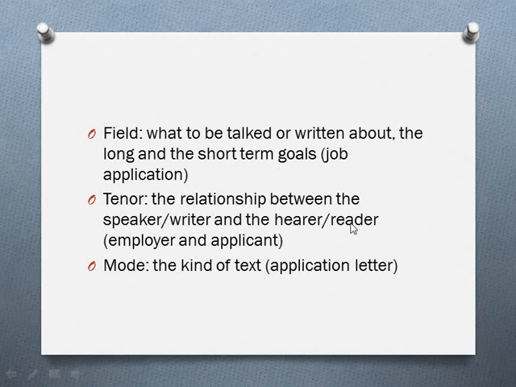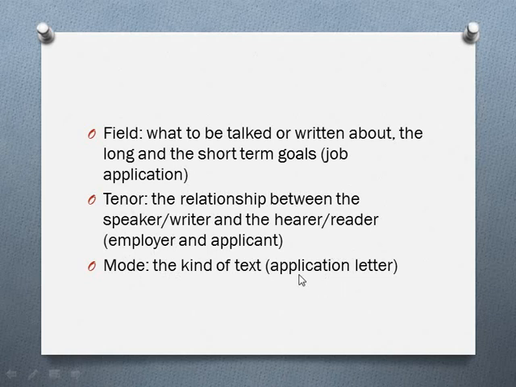So when we talk about the example of job application later, the tenor must be employer and applicant. So the people who have a communication or interaction. And then mode, the last one, is the kind of text. So like when we talk about job application, it can be application letter.